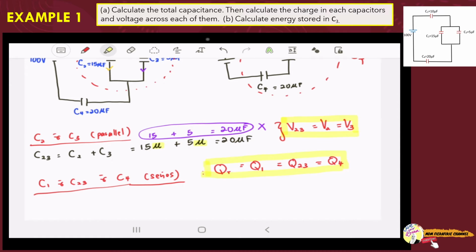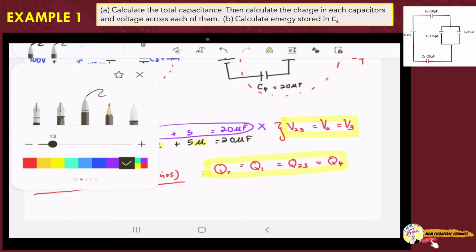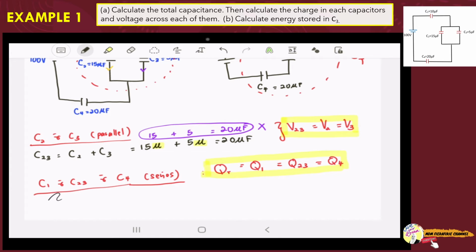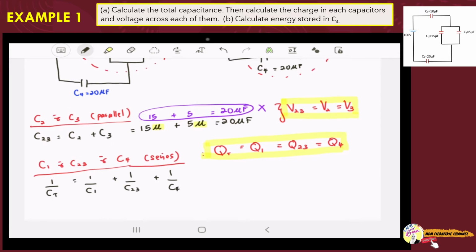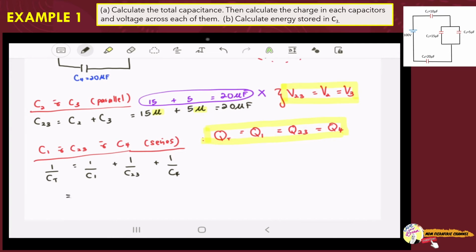Okay, so now let's calculate what is the total capacitance in the circuit. So I will write C total because they are in series. So 1 over C total equal to 1 over C1 plus 1 over C23 plus 1 over C4. Okay, ini pun ramai yang akan buat mistake selalunya.